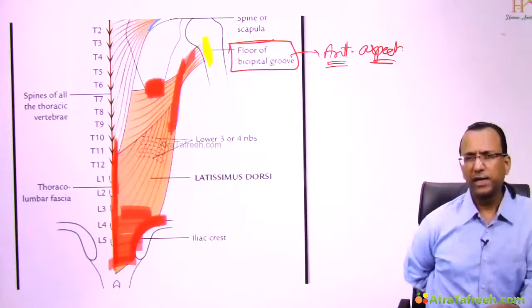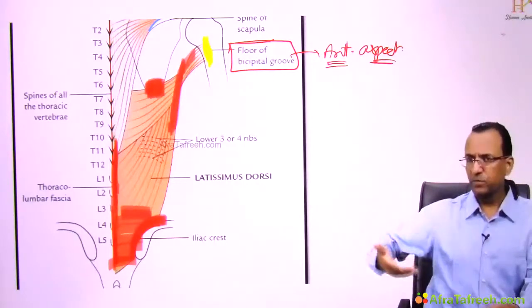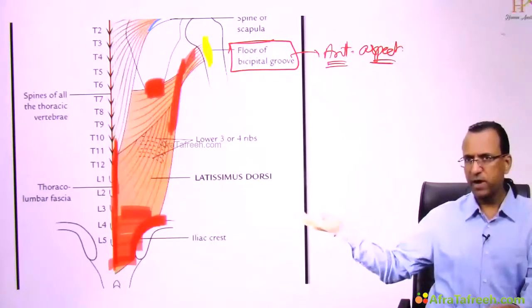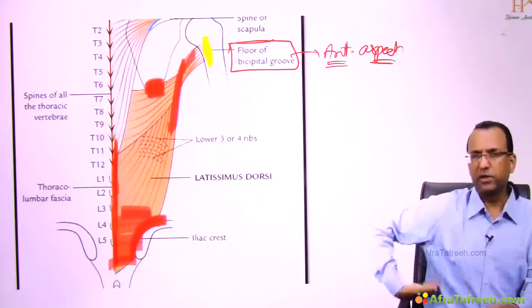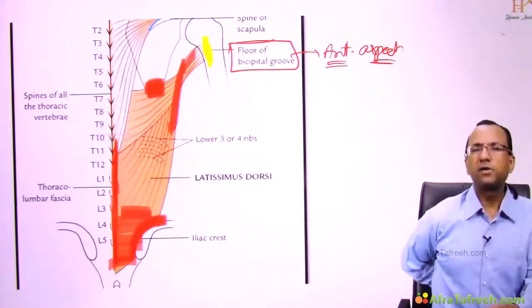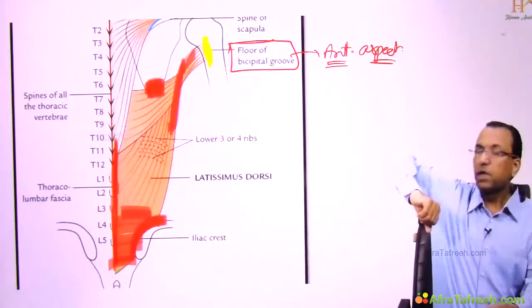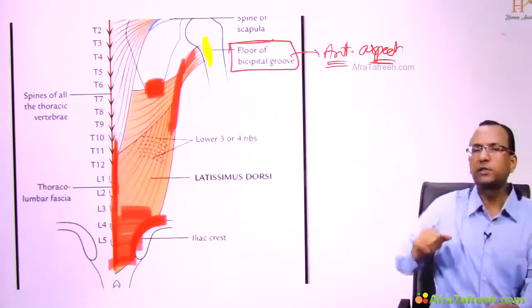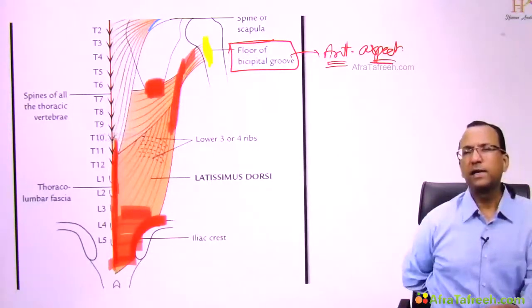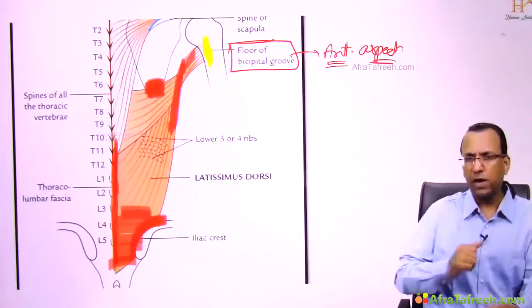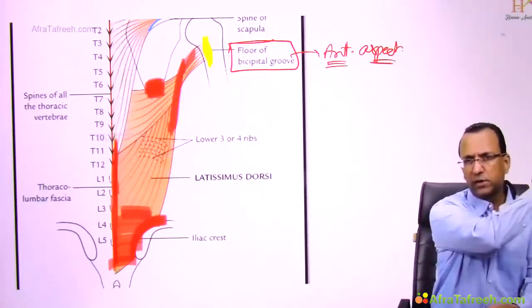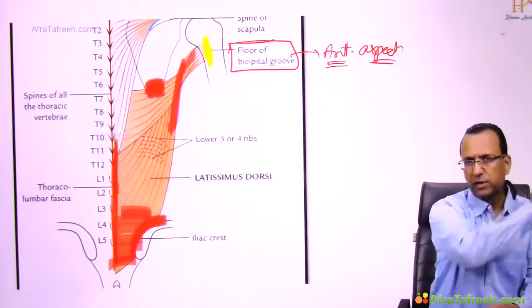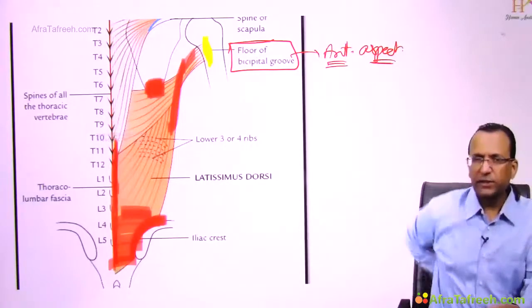Yes, I think it is doing no lateral rotation but medial rotation. And it is not doing abduction but adduction. And it is not doing flexion of the shoulder joint but extension.